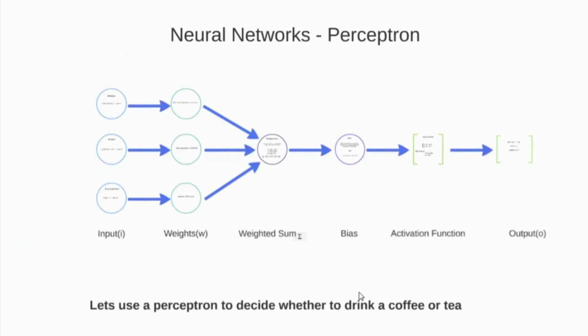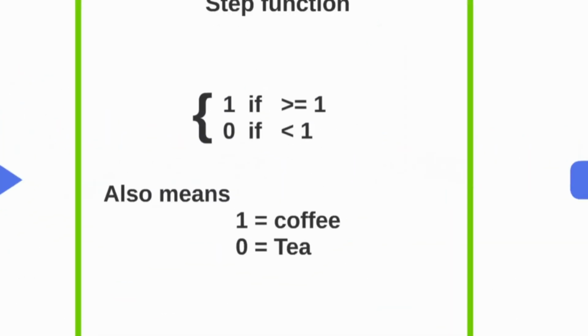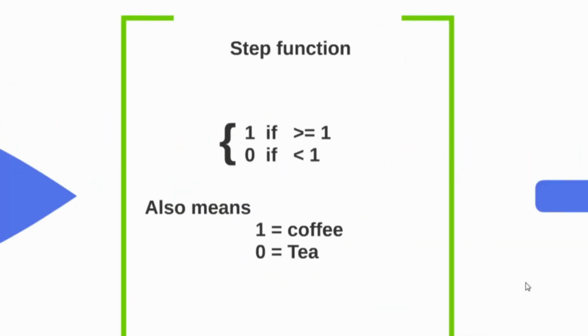The next stage is the activation function. Now what is this activation function? You can use many linear and non-linear functions in this activation function. One such example is called a step function, which is also a basic linear function. So this function is basically saying that if the output is greater than or equal to 1, then make this a 1.